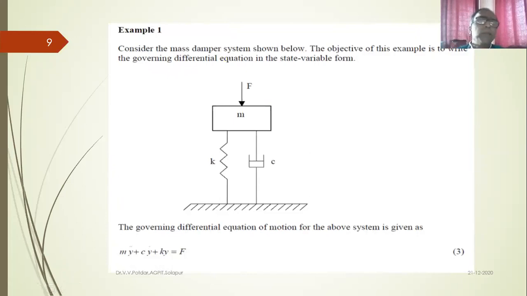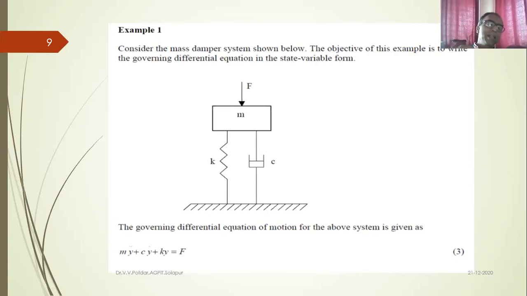So what will be the equation? If you remember, F is equal to the inertia force, that is m y double dot, plus c, the damping coefficient, times y dot, plus k y. F is equal to m y double dot plus c y single dot plus k y. Earlier we used the parameter x, now we are using the parameter y.